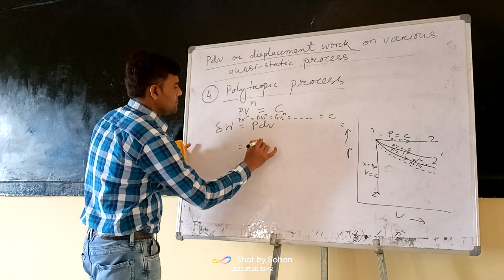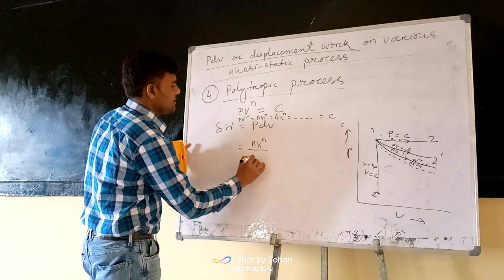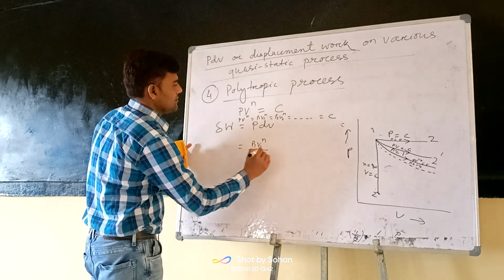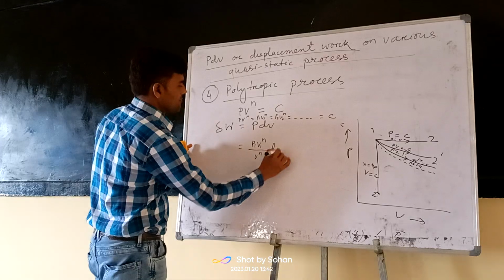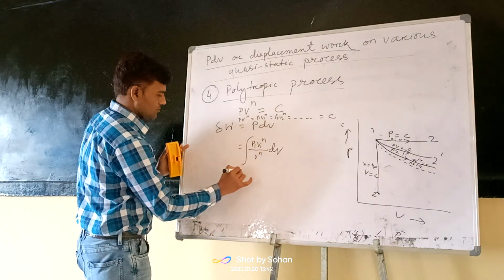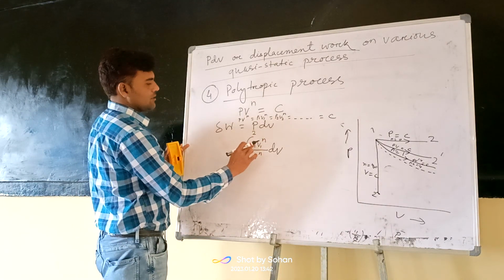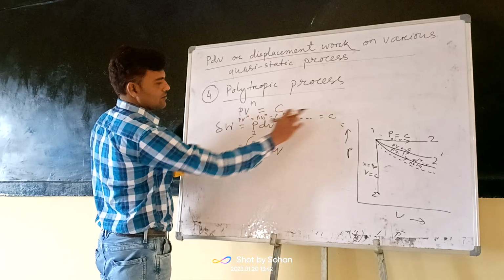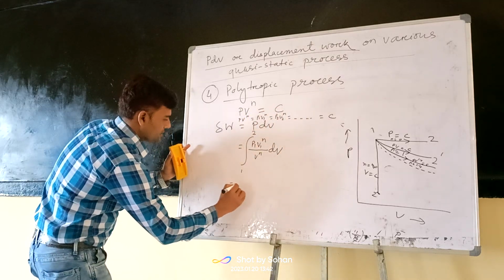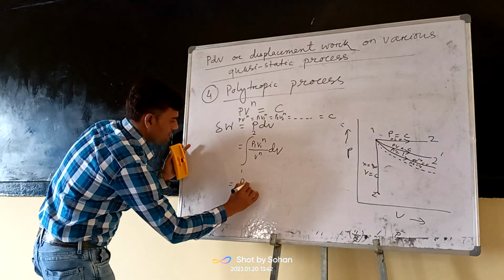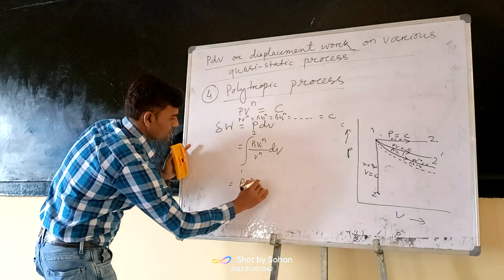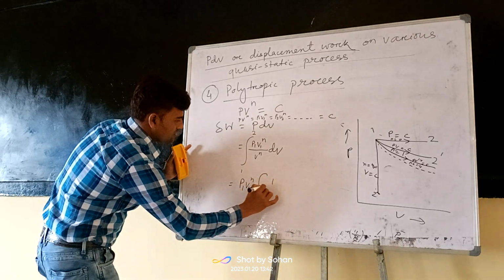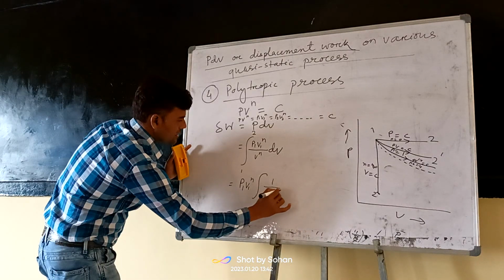Then P1 V1 to the power n divided by V to the power n dV. Integrate from 1 to 2. P1 V1 to the power n is constant, so taking it outside: 1 by V to the power n dV.